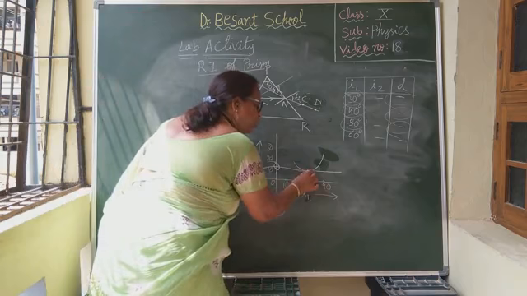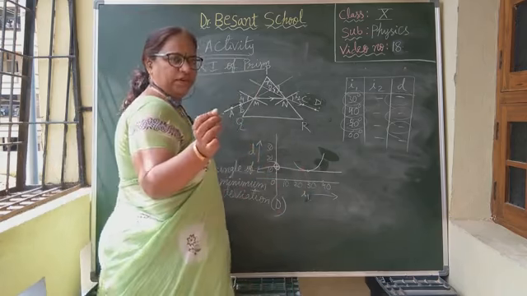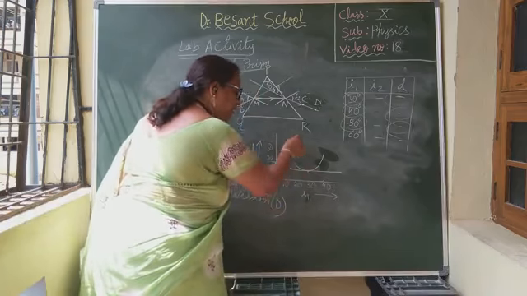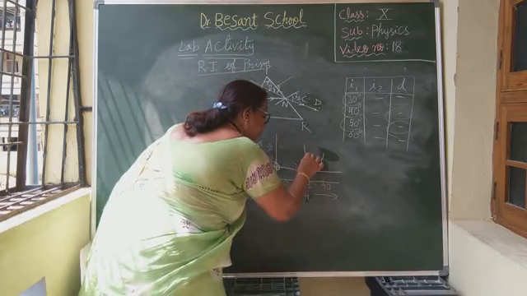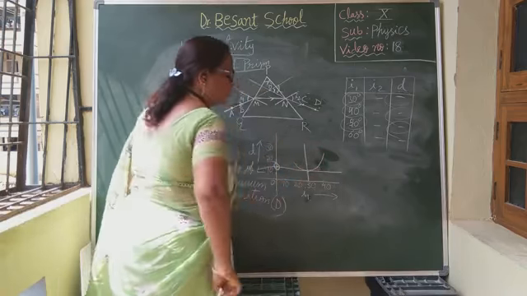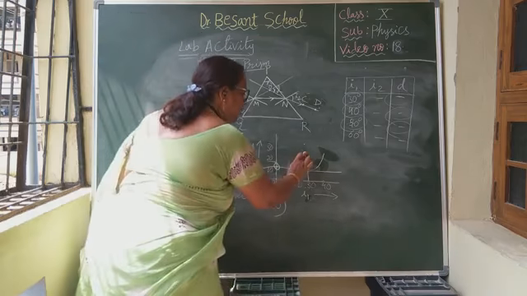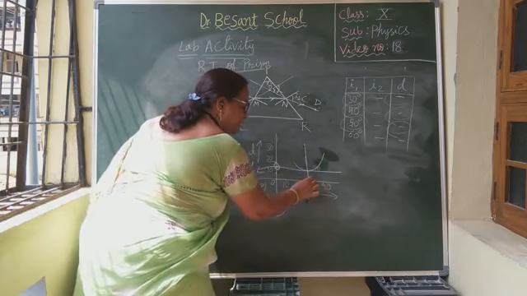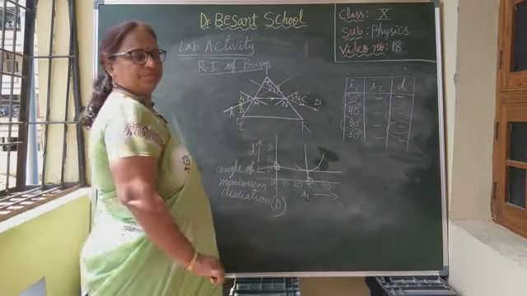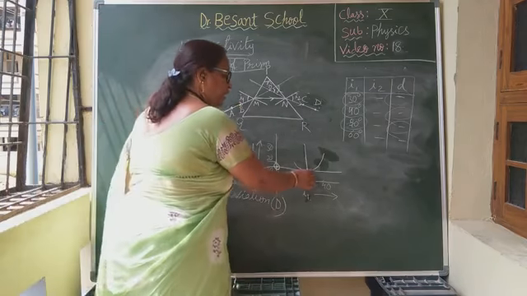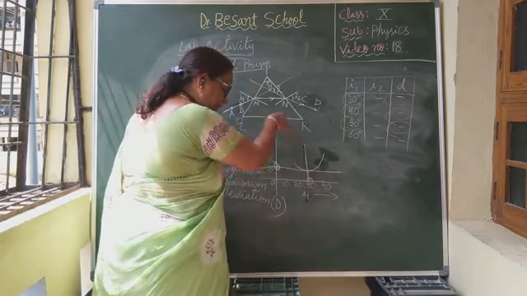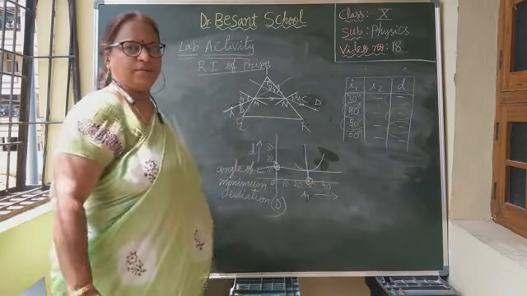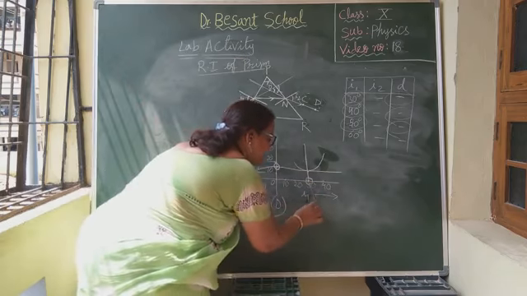For the same lower point, listen carefully, draw a tangent parallel to the y-axis, which meets the x-axis at a point. That value gives the angle of incidence.